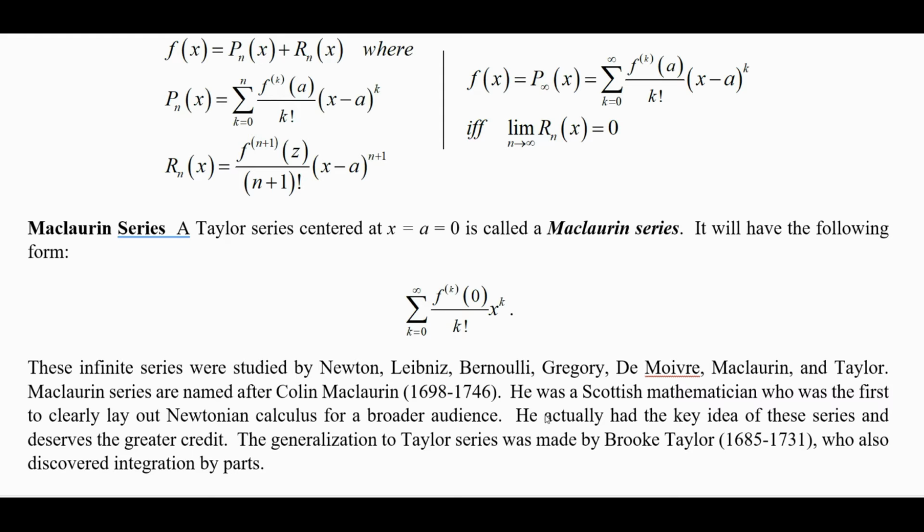He was a Scottish mathematician, and he was the first to clearly lay out Newtonian calculus for a broader audience. So he was the first one to really write a careful treatise for the Newtonian approach to calculus so that folks could learn from it. And he actually had the key ideas of series and probably deserves greater credit than Taylor.